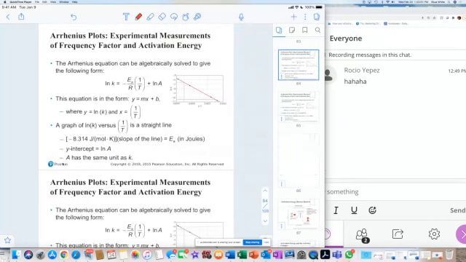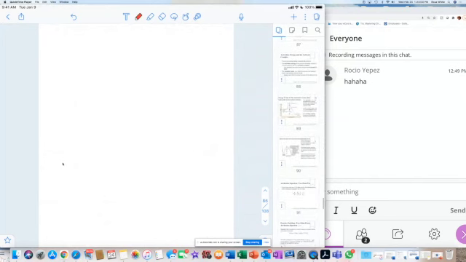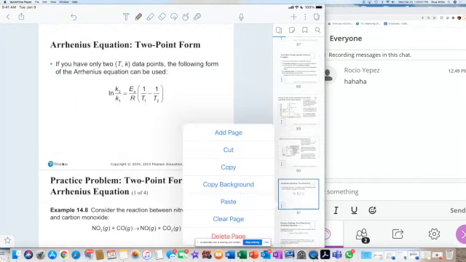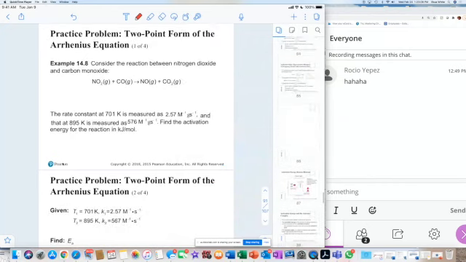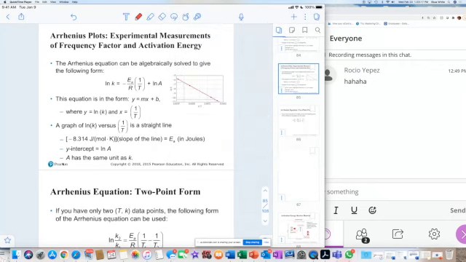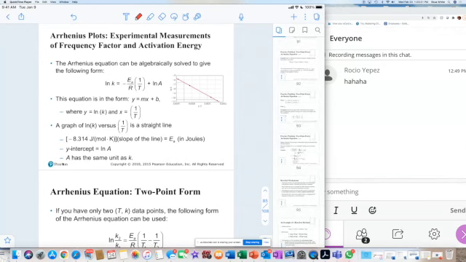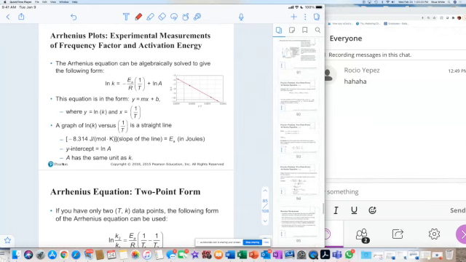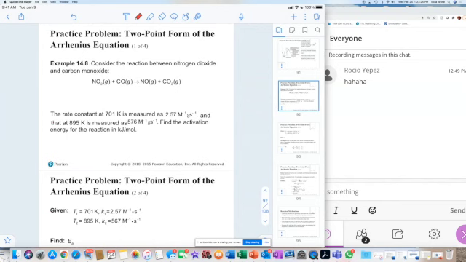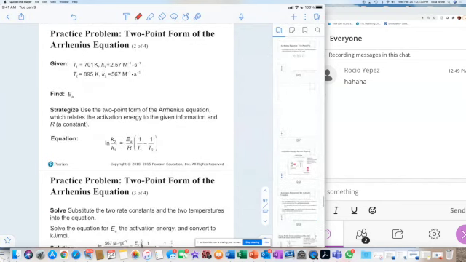Paste. Okay, it went over there. And I can cut this next page over here and then paste. This is fun stuff. Paste. And I can cut this next page. Almost done, almost done. Just a couple more. Cut.